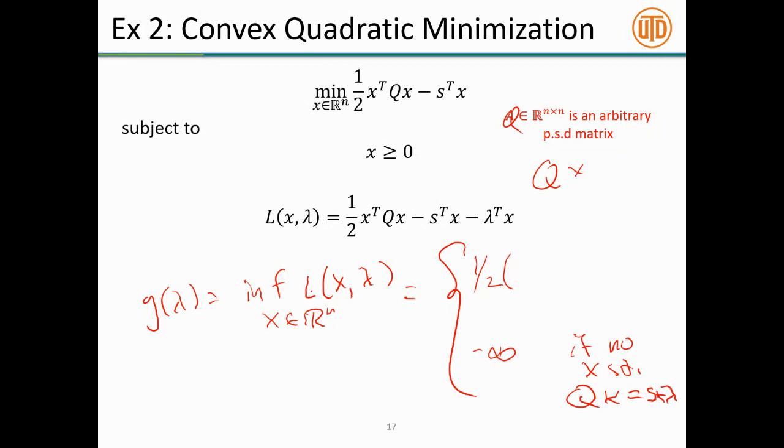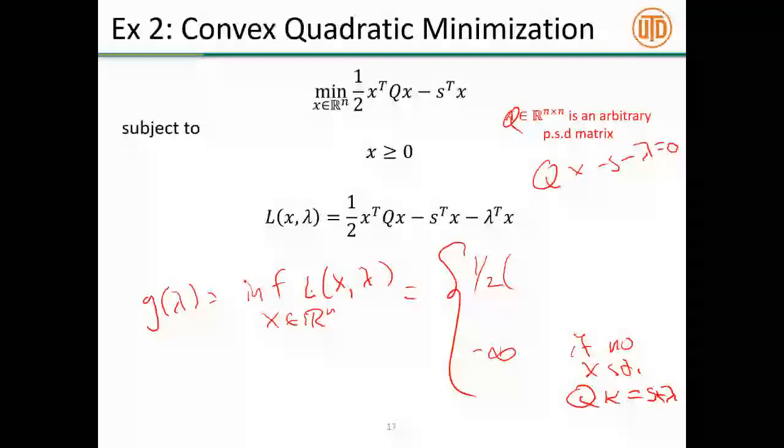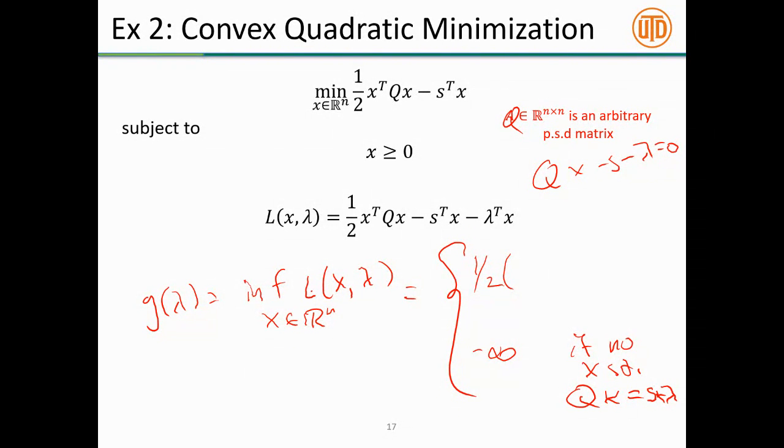I substitute in x. The derivative of this thing is q times x minus s minus lambda equals 0. Solving for x, under the assumption that there is a solution, the solution is given by the pseudo inverse, so I just plug in x equal to the pseudo inverse of q times s plus lambda. So I get q plus times q plus transpose, but q is symmetric, so the pseudo inverse is symmetric.